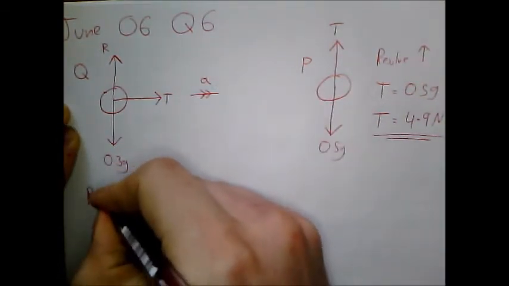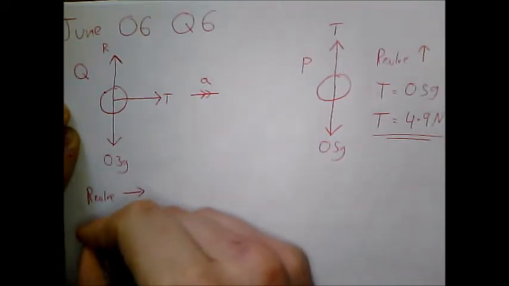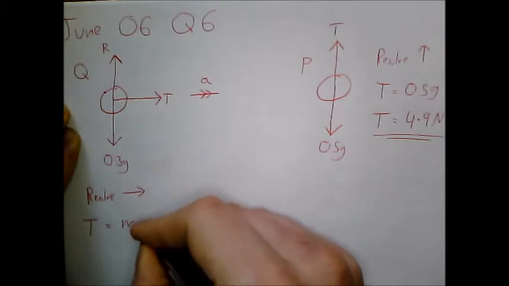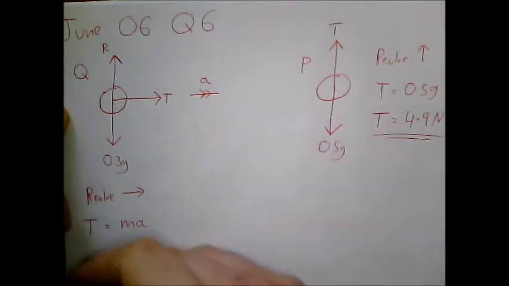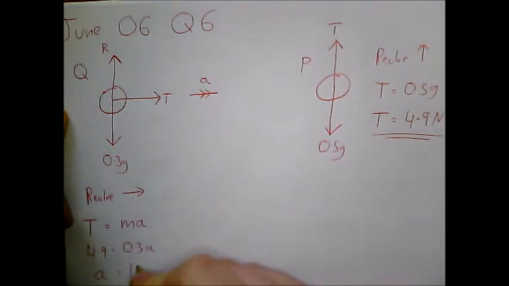So, resolving particle Q horizontally, the tension is equal to ma, because there's no other force horizontally. The tension is 4.9, so 4.9 equals 0.3a. So the acceleration here is 16.3 recurring metres per second squared.